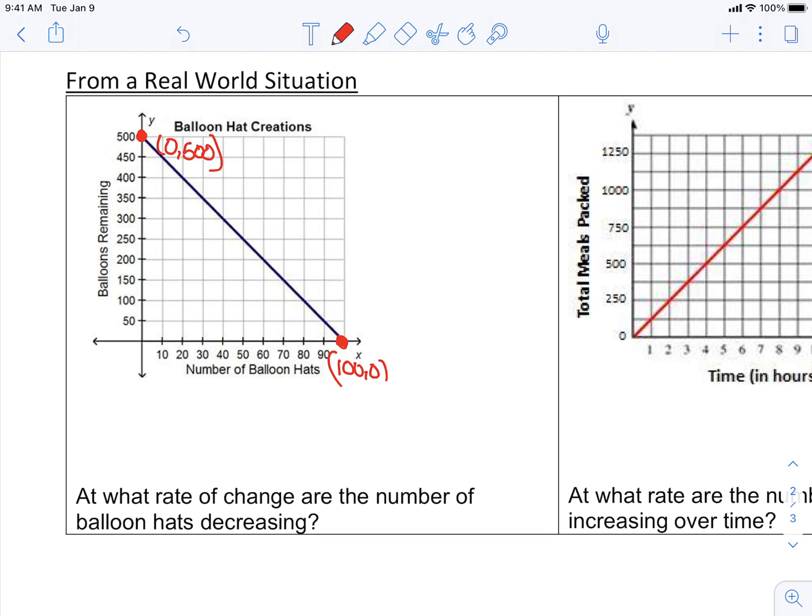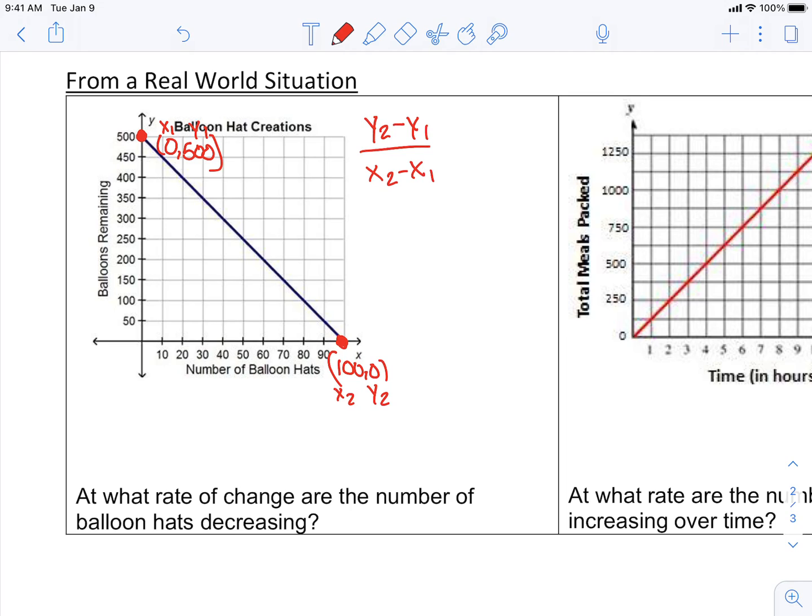I am just going to use the formula: y sub 2 minus y sub 1 over x sub 2 minus x sub 1. So I'm going to label my points. This is x1, y1, x2, y2.